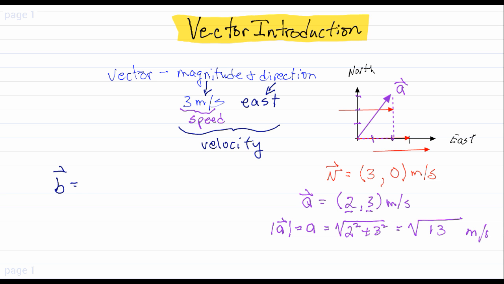We represent its x component with b subscript x, and the y component with b subscript y. So on axes, we can write this as, if this is our vector b, then this length is b_y, and this length is b_x.